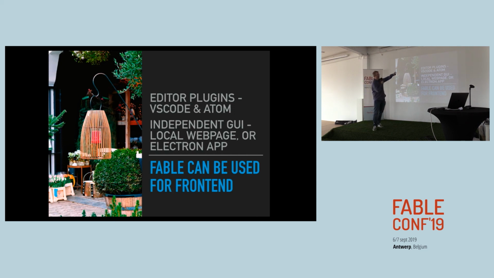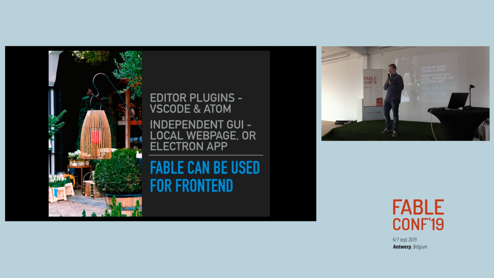Visual Studio Code is written in TypeScript. Atom is written in CoffeeScript, but they are compiled to JavaScript. They are using JavaScript as a language for the extensions and for plugins. This means that you can extend those two platforms using Fable. And Fable works perfectly with that.